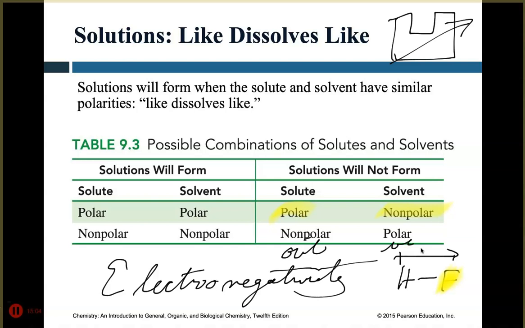A polar solute definitely is water. That's why your salad dressing separates. They will not form a solution because oil is nonpolar and water is polar. When you have something like salt water, NaCl is polar, water is polar. That's why they dissolve.